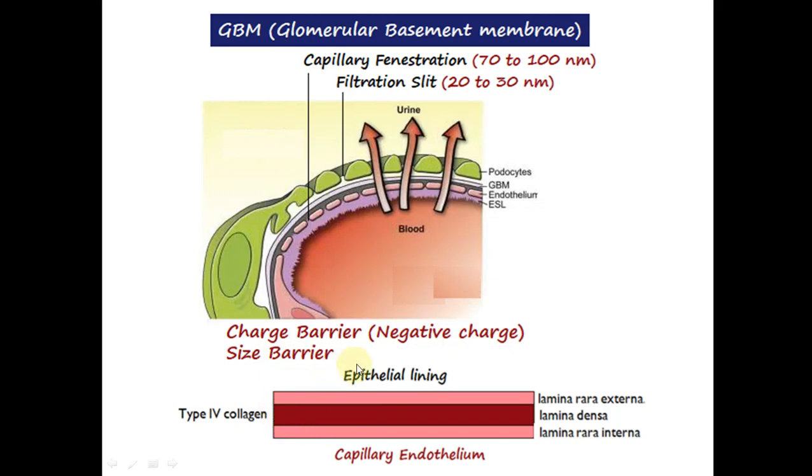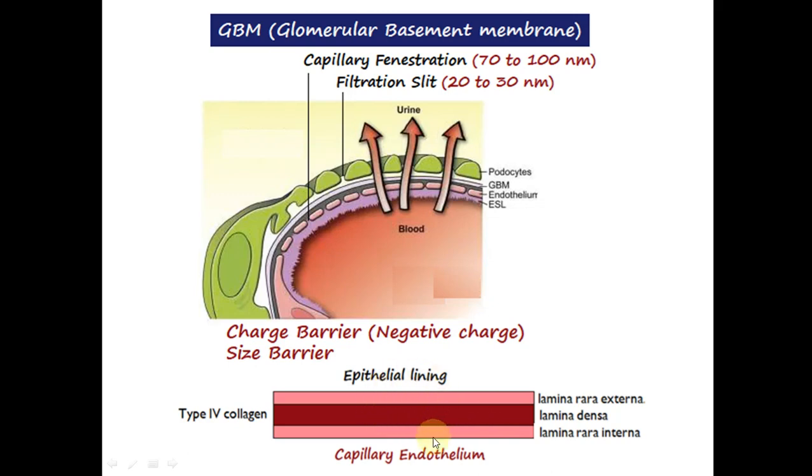The basement membrane of the glomerular capillaries is very important. If we have a close look at the basement membrane, it consists of a central thick and rigid portion known as the lamina densa.